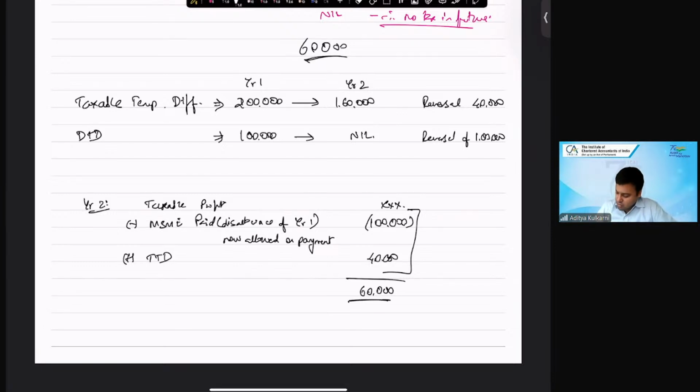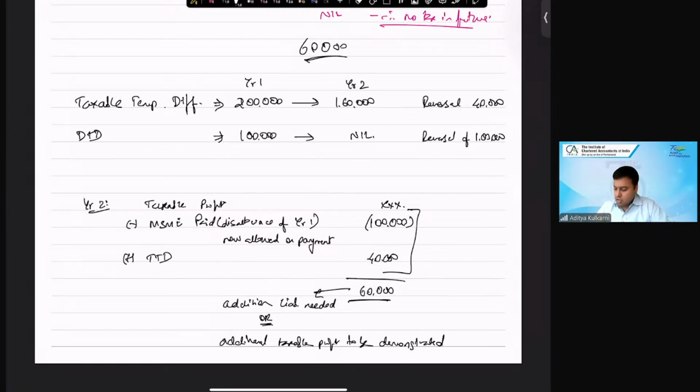So this is additional liability needed or additional taxable profit to be demonstrated.